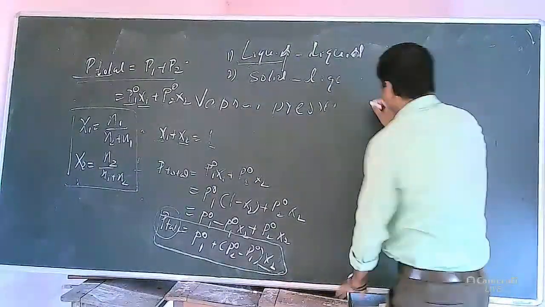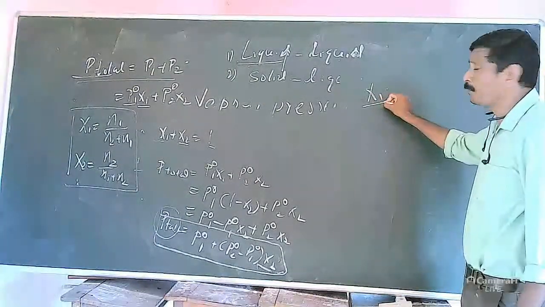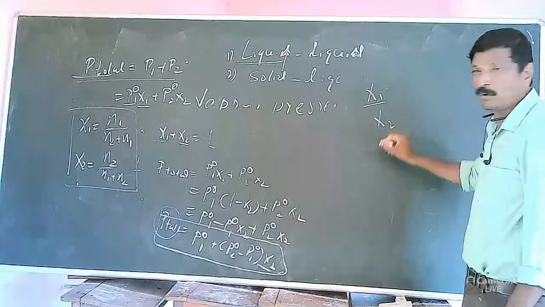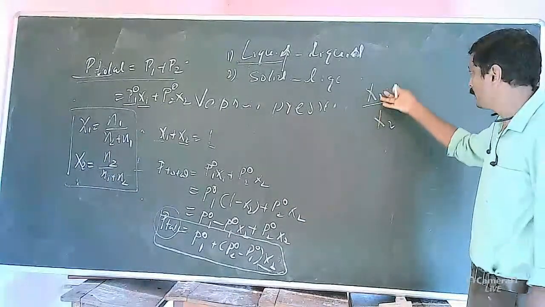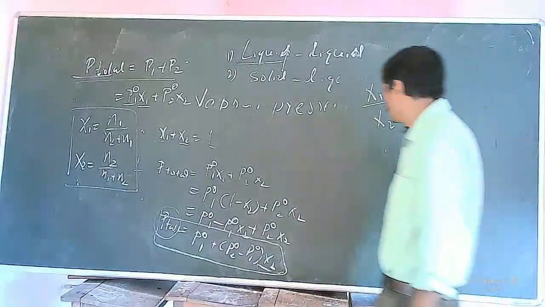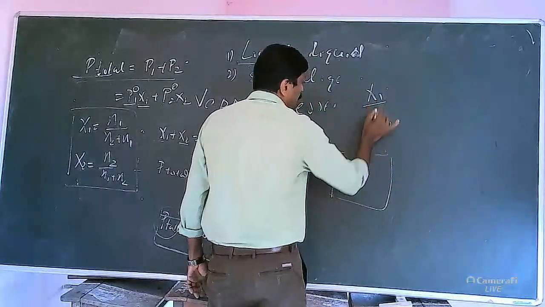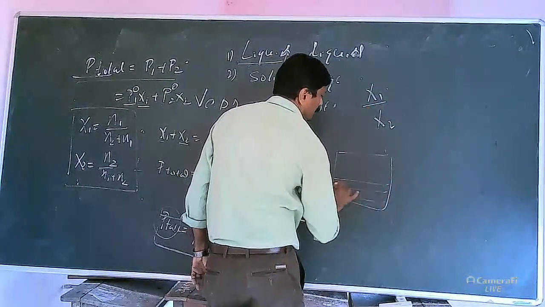One more. What is x1? Mole fraction of component 1. What is x2? Mole fraction of component 2. You know how to calculate x1 and x2. These are the mole fractions in a solution.